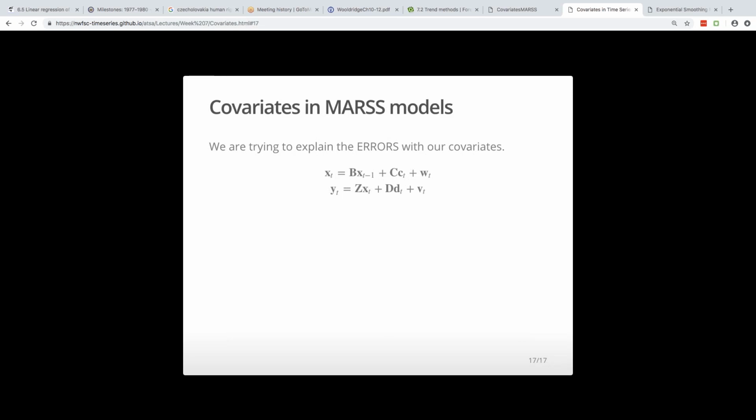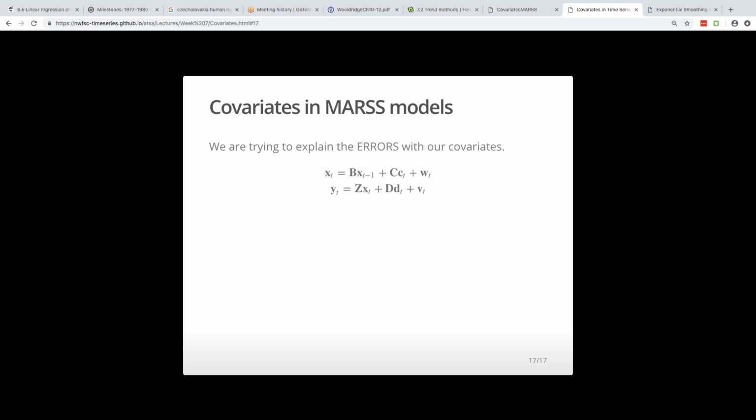Okay, so now let's switch gears and we're going to talk about including covariates in MARSS models, so these multivariate autoregressive state space models. This is related to what's called an ARMA-X model. The ARMA-X would be if we didn't have the Y here, we just had the X up here.